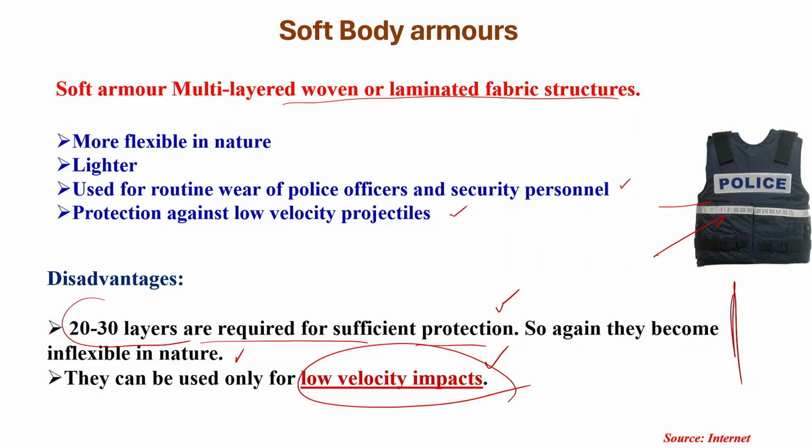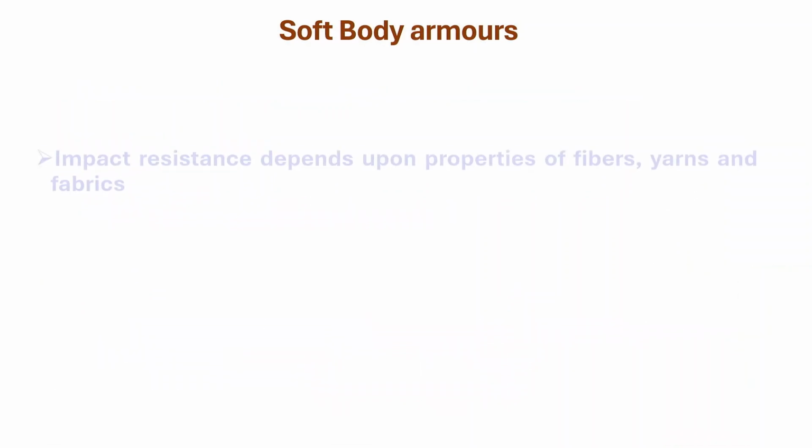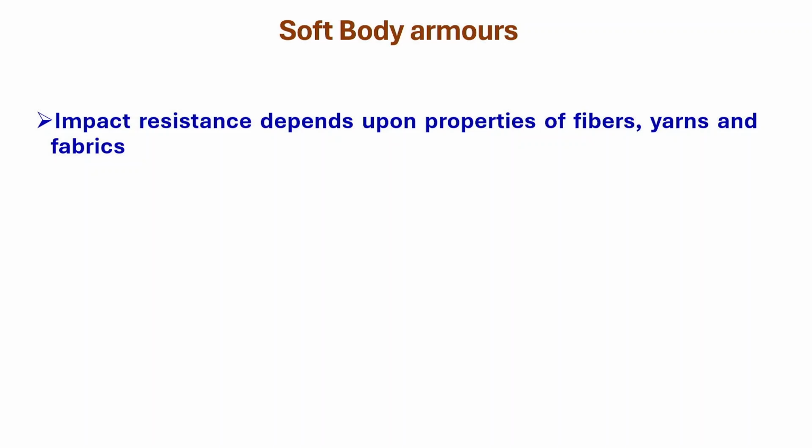But if we can develop cloth material with the advent of new materials, soft body armors could also be used for high velocity impact. Impact resistance depends on the type of fibers used, the type of yarns we use, and the fabric structure.